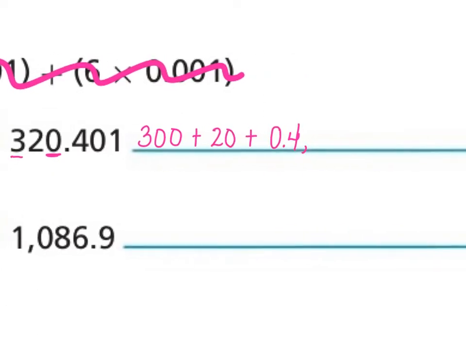Once again, you can put 0 here, but there's no value there, so you can skip it. 0 and no tenths, no hundredths, 1. Whoops, and I put a comma there instead of a plus. There we go.